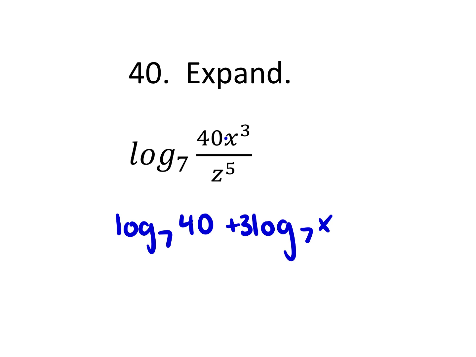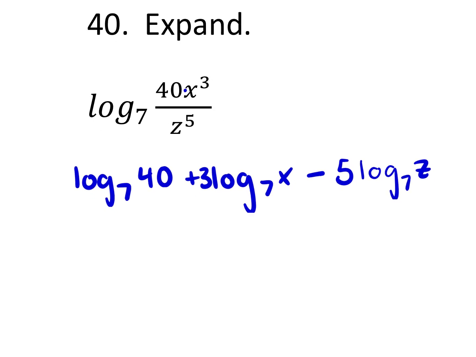And then what would come next? Perfect. Minus 5 log base 7 of z. So every time we break it apart, it needs its own log base 7 for each piece. And then remember exponents, since this was technically x to the third power, exponents get moved to the front.